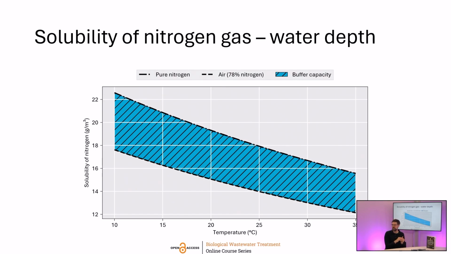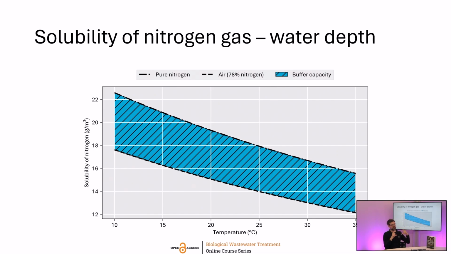If you look at this diagram, I plotted the solubility of nitrogen as a function of the temperature. The top line is the maximum solubility of nitrogen gas. If you go over that, small bubbles of nitrogen gas will form in the reactor. And the lower line is what you can reach if you strip out all the nitrogen with air.